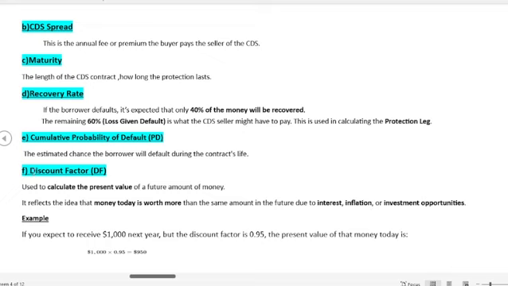Like 1,000 rupees today will be devalued in the upcoming 10 or 15 years due to inflation. So the discount factor is the worth of money today as compared to the future amount.